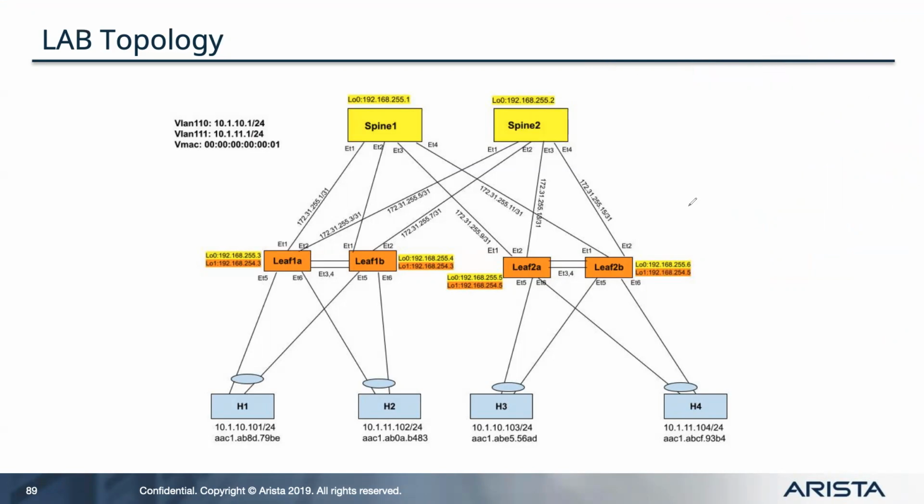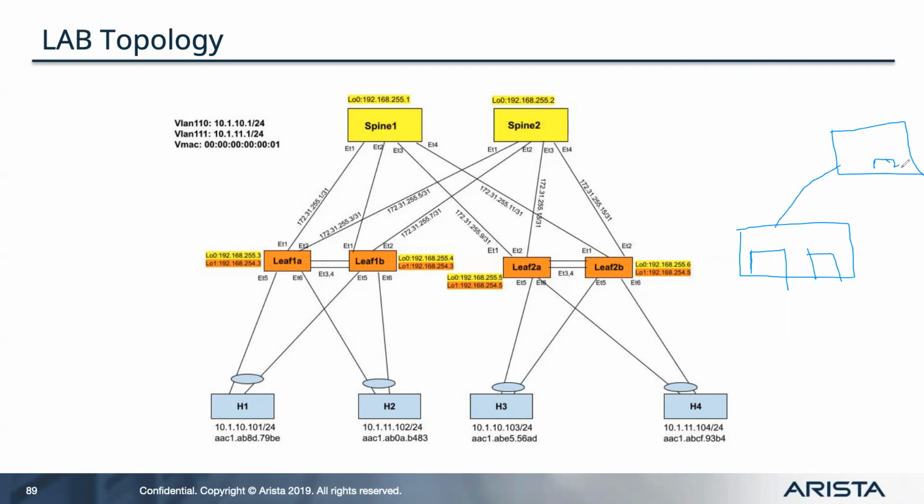Yes. So that's why we use RD and RT, to make these routes unique, so that we don't have to configure different EVPN neighborships. So now we have two VRFs, but only one neighborship, which is EVPN.